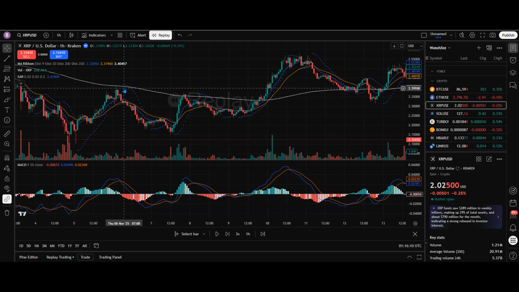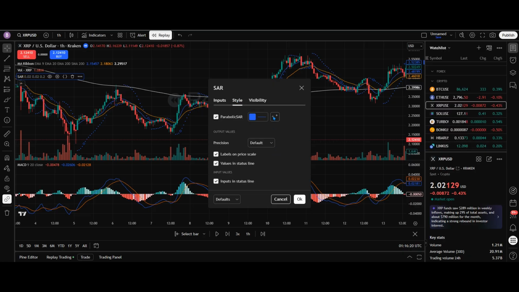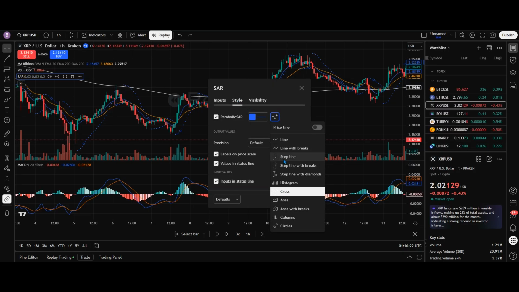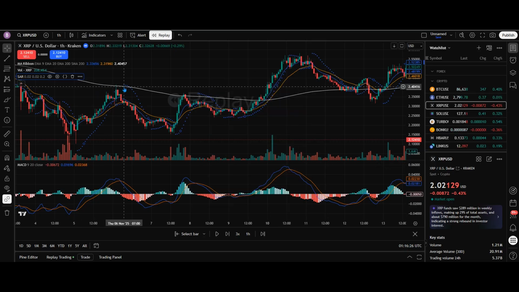And you can change the style. I don't mess with the increments or the max value. I leave this at default. You can change this to cross, whatever kind of shape, circles. So now we have circles, right? But very quickly, it's more of a confluence.